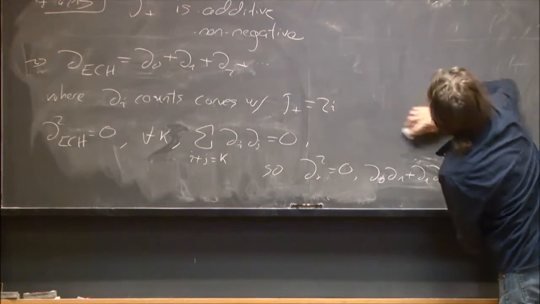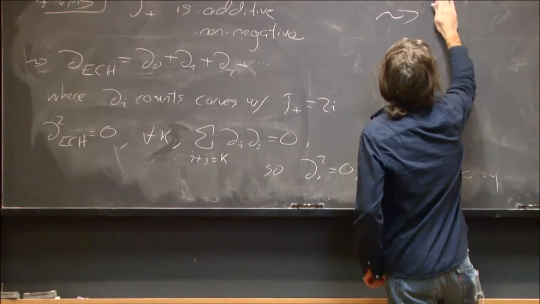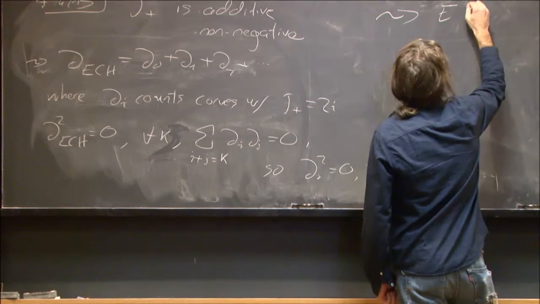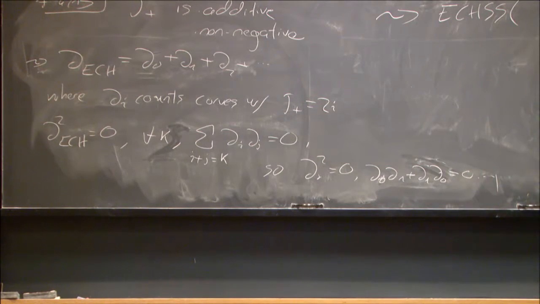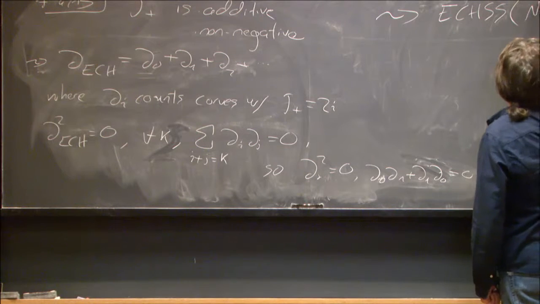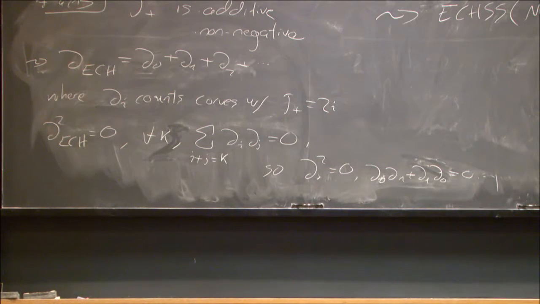one can cook up a spectral sequence, which we will call the ECH spectral sequence, because that's what Michael calls it, which, again, starts from this data of the manifold and a contact form.